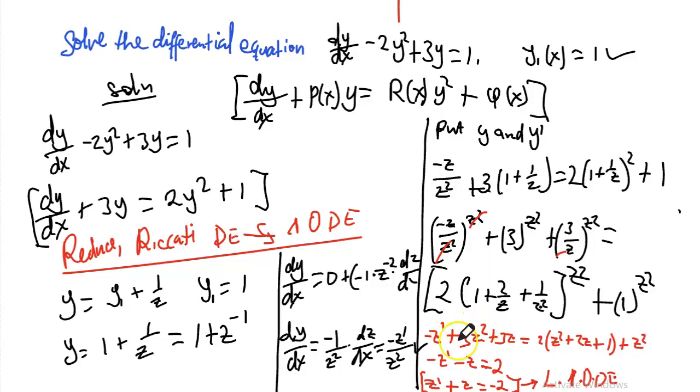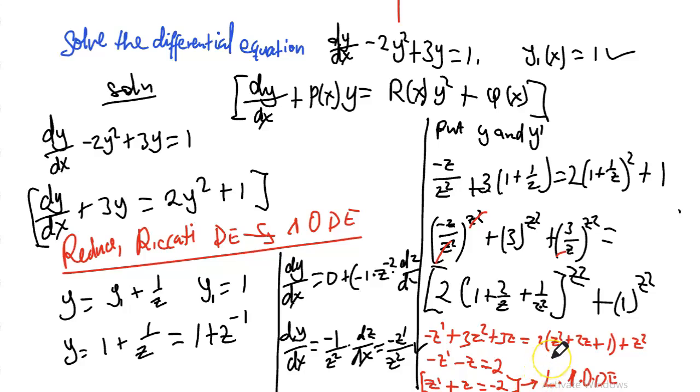Now cancelling out what is repeated, we will have negative z prime minus z equal to 2, which implies that our linear first order ordinary differential equation is z prime plus z equal to negative 2. So this is our linear first order differential equation.